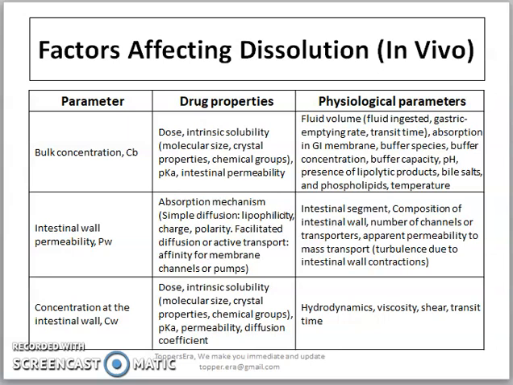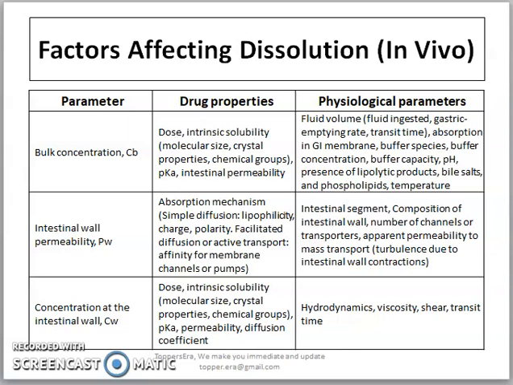The sixth parameter is intestinal wall permeability. It depends on the absorption mechanism. The absorption mechanism is driven through simple diffusion and facilitated diffusion. Simple diffusion depends on lipophilicity, charge and polarity of the API, and facilitated diffusion, also known as active transport, depends on affinity of membrane channels or pumps.